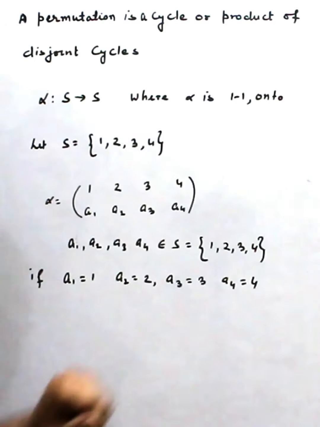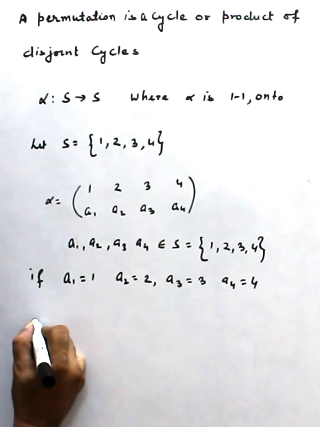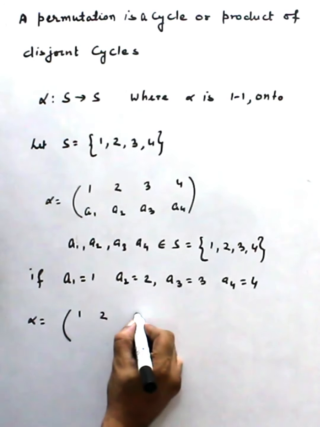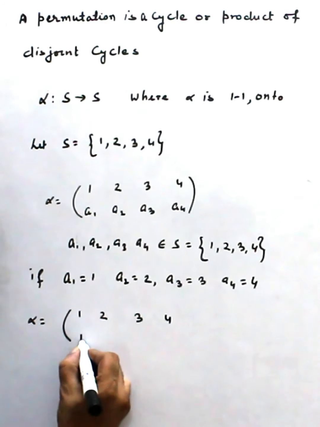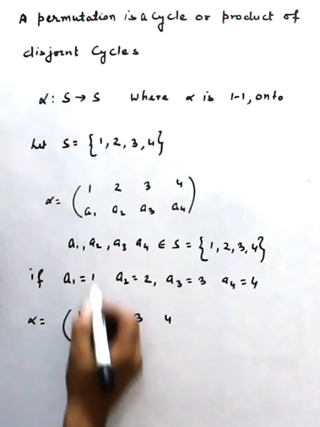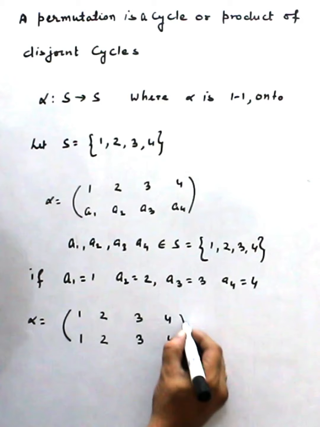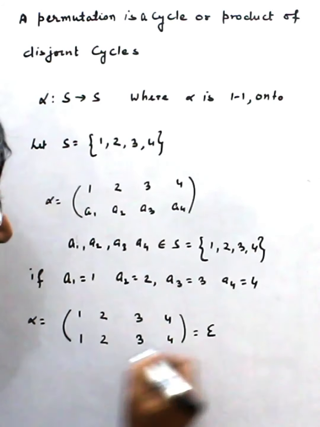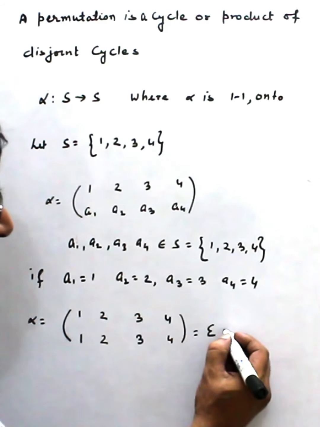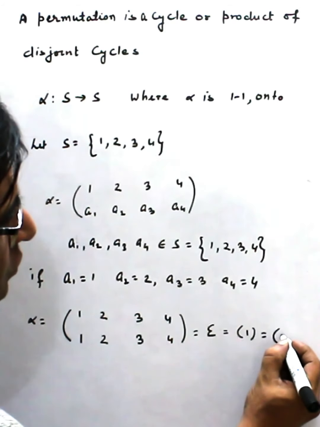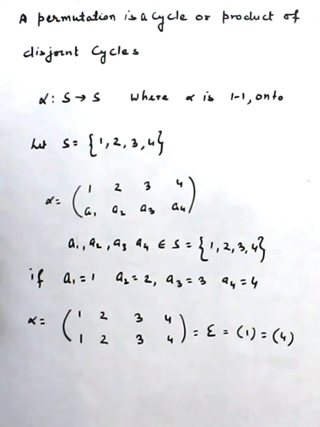Both conditions are satisfied, and in that case alpha becomes 1, 2, 3, 4, because A1 is 1, A2 is 2, this is 3, this is 4, so it becomes the identity permutation, and we write it like this, or sometimes like this.